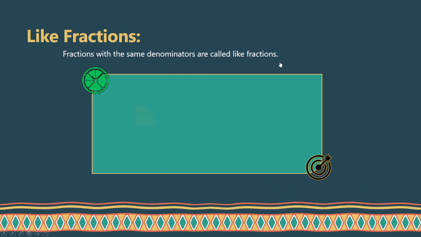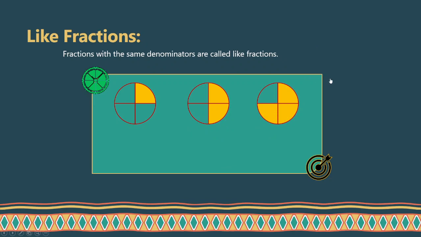Example, here are 3 circles. Every circle is divided into 4 equal parts. The first circle has 1 part colored. The second one has 2 parts colored. The third one has 3 parts colored.